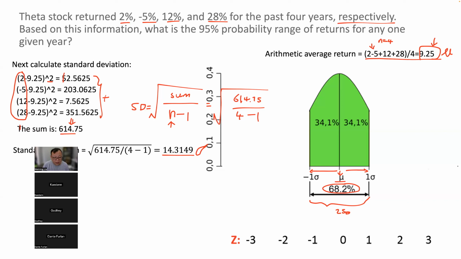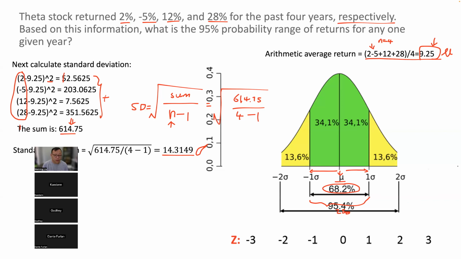so now if I go by 2, I'm going to pick a different color. If I'm going from the mu to the left by 2 standard deviations and to the right by 2 standard deviations, I'm widening the range, right? I make the range wider, and in total I have 4 standard deviations.